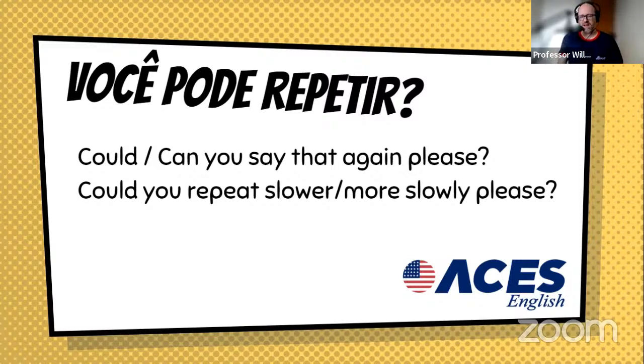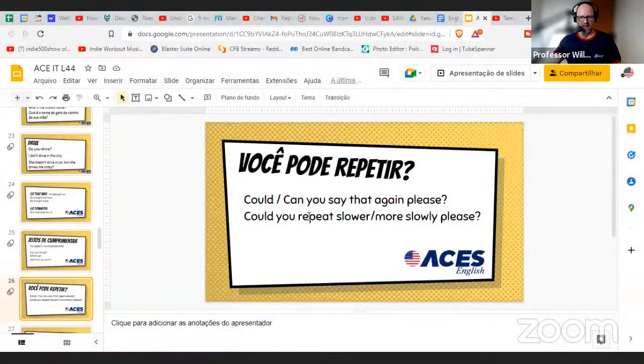Okay, so the polite way to ask someone to repeat is could or can. Could you say that again, please? Can you say that again, please? So você pode dizer novamente. Or could you repeat that? And actually, I prefer, could you repeat that?